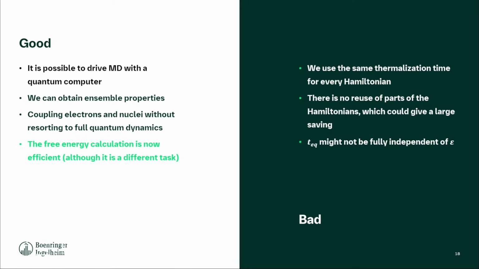So this free energy calculation problem is now solved, even though it is a different task. The relative free energy is a bit easier than absolute free energies, but that's also an issue in classical quantum chemistry. There were some new things reintroduced. So, for instance, the thermalization time.